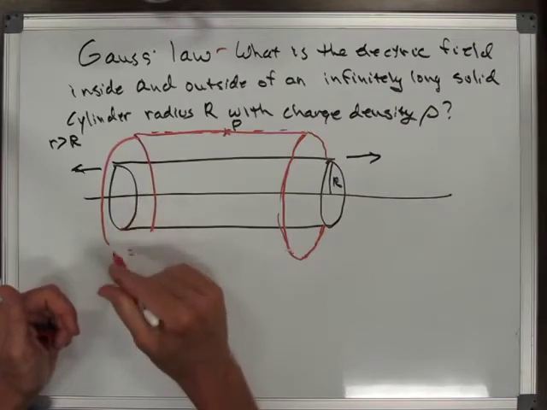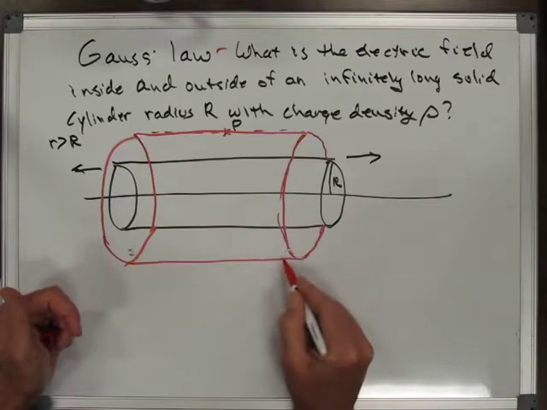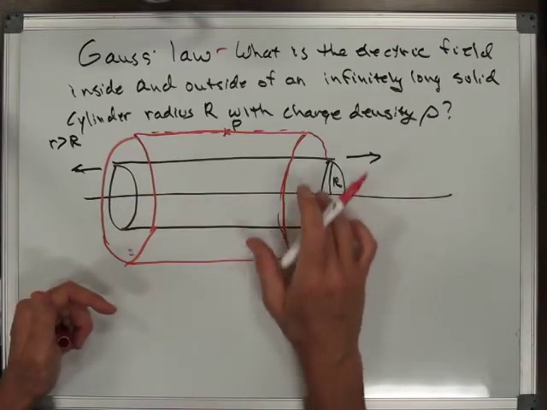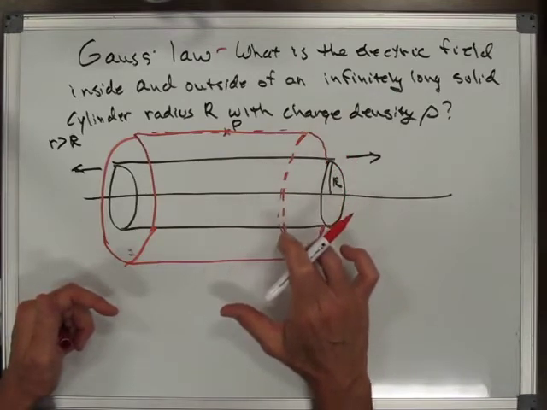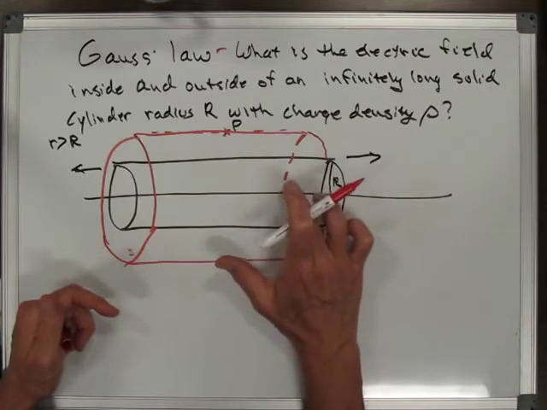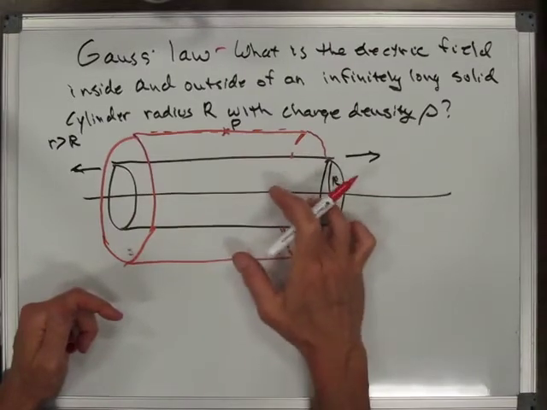I didn't do that very well. How about if I do it like that? And this is a cylinder. Probably that line should be dotted because it's behind. Anyway, you get the idea, right?